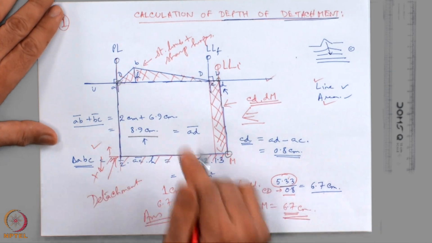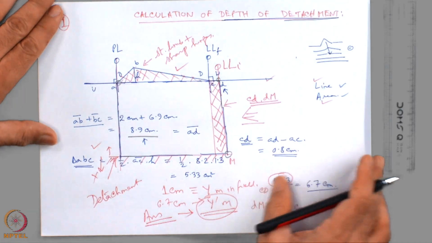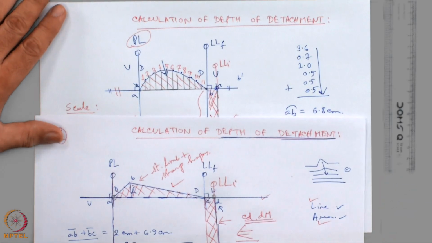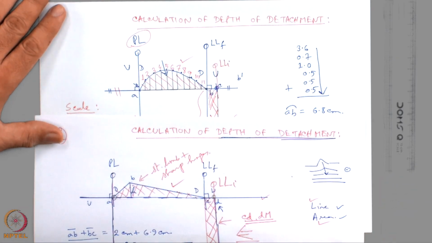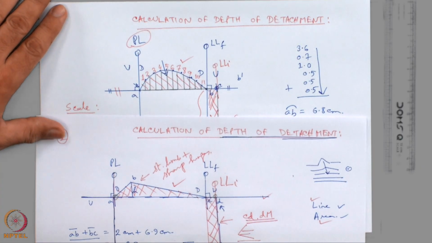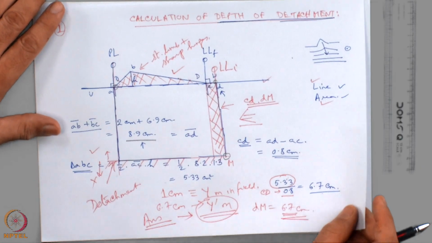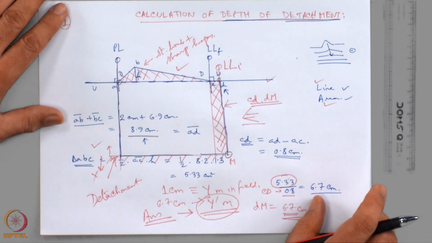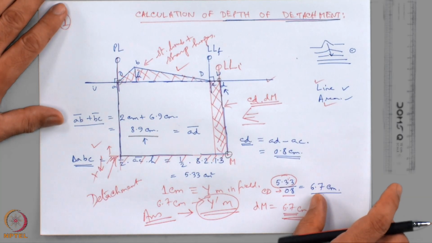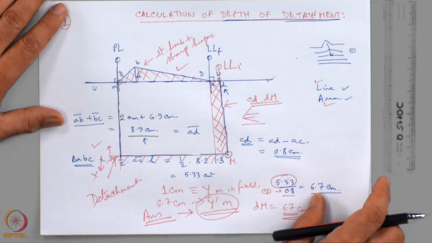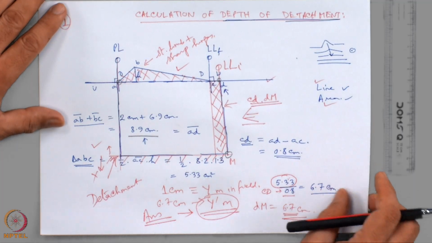So, in this way, whatever the fold geometry, be it a kink fold or a round hinge fold, we can find out the depth of the detachment, provided the detachment exists, and that information has to come from some other studies. Now that this is done, we are moving to finding out the dip direction of the detachment. The approach is similar.